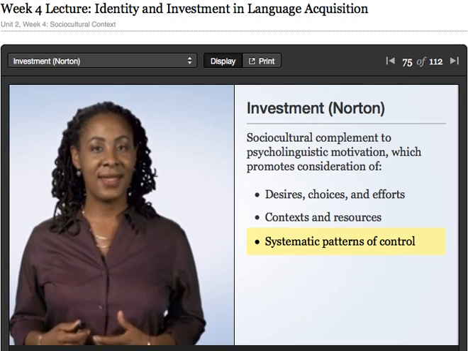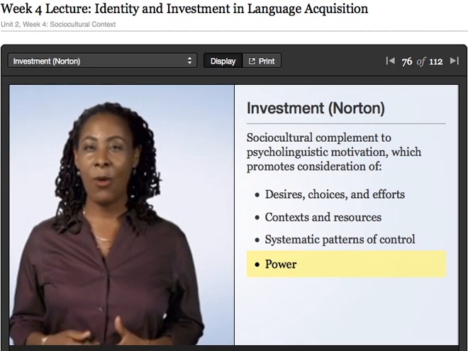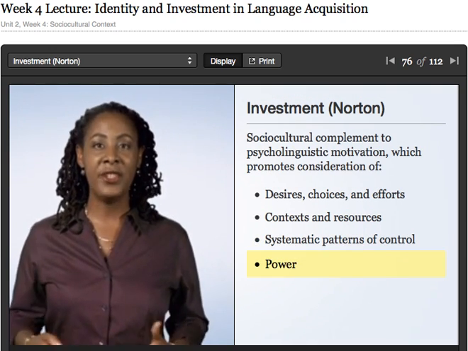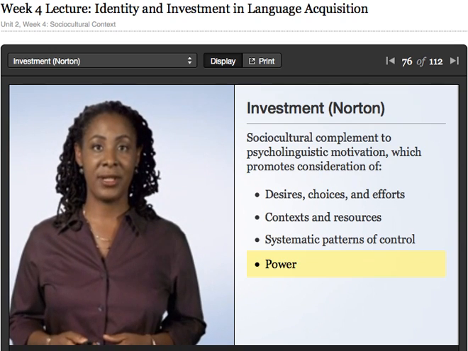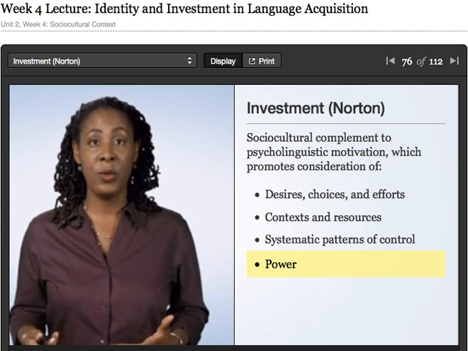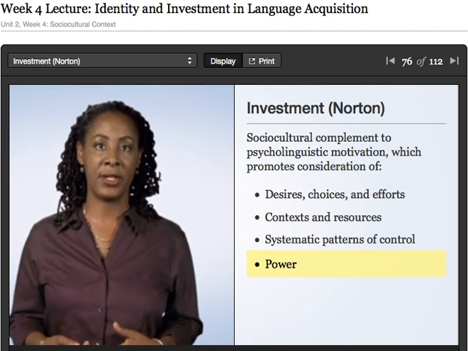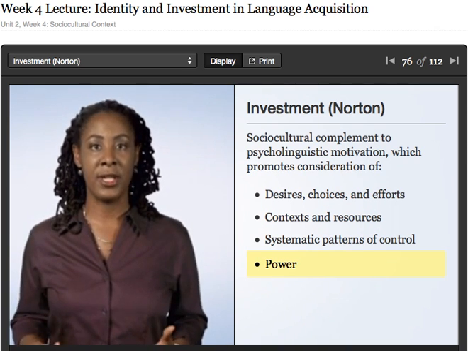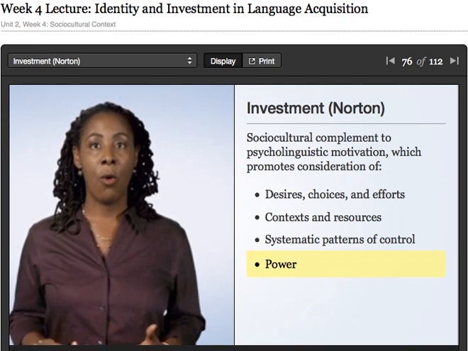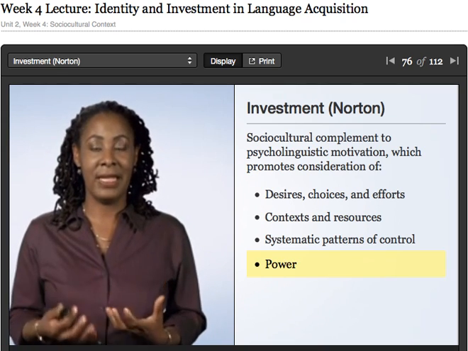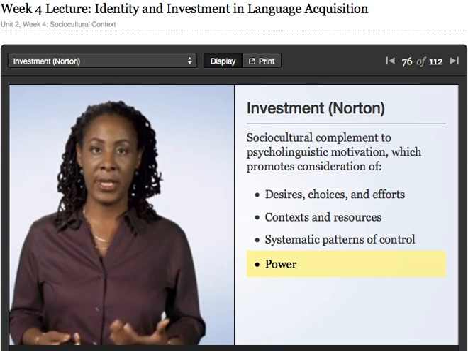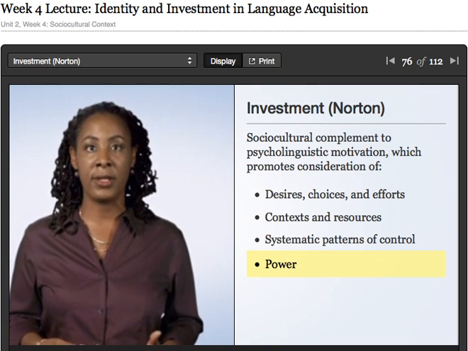Investment also asks us to think about power and about how our learners feel when they're engaged in language learning interactions, about whether they are viewed as a valued communicator, as a valued contributor to interactions, and whether these interactions are equitable or whether they're in dominant situations or situations of being subordinated by others.